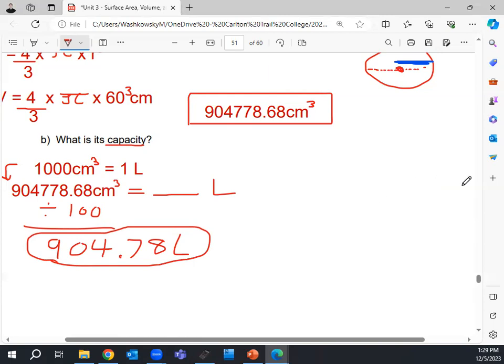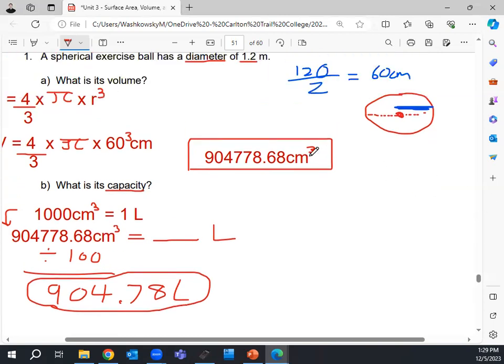Now, had we not converted these meters into centimeters, if I would have kept with that 1.2 meters, I won't show you all the math, but if I would have done 4/3 times pi times 0.6 meters cubed, what I eventually would have gotten was 0.91 cubic meters.